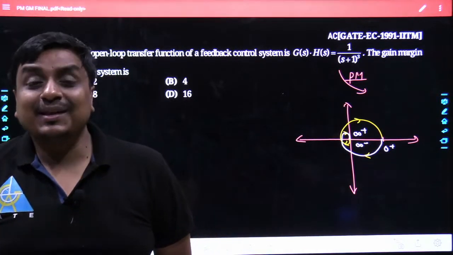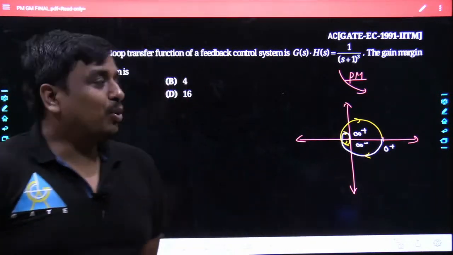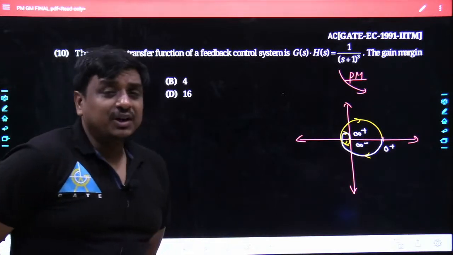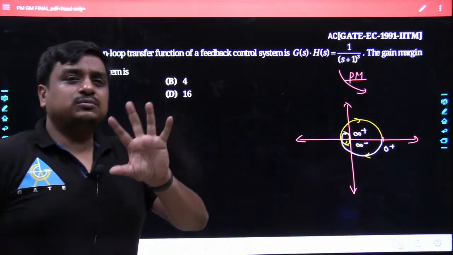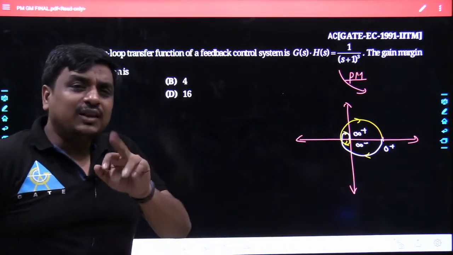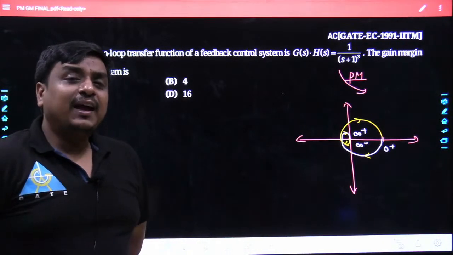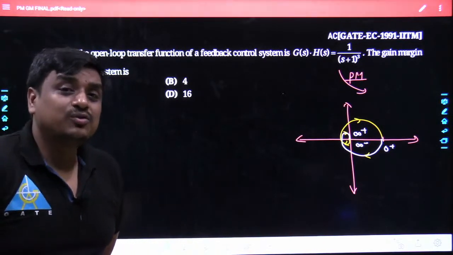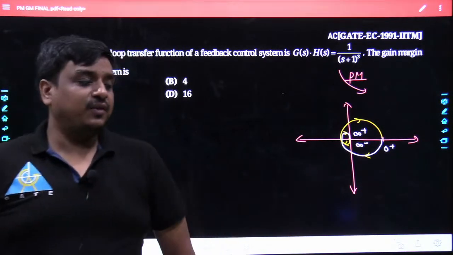That is why the things have been taken in great detail. If time is not permitting today, I would take the same concept tomorrow: why 180 degrees is added to the angle offered by the system at omega equals omega GC for finding the value of phase margin.